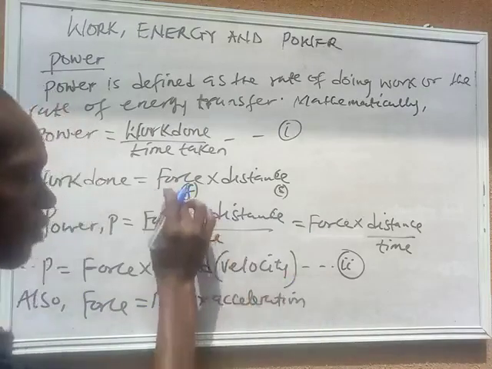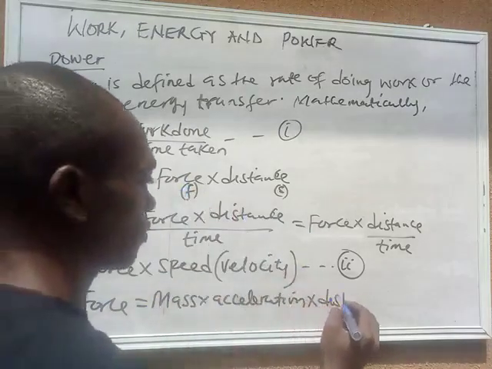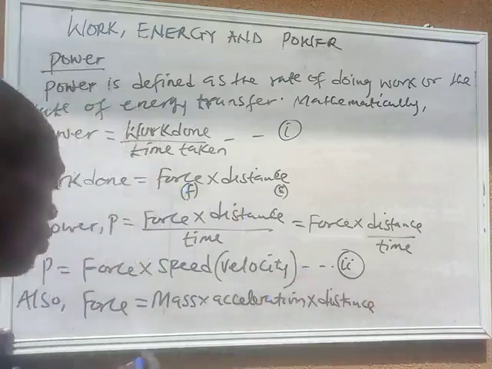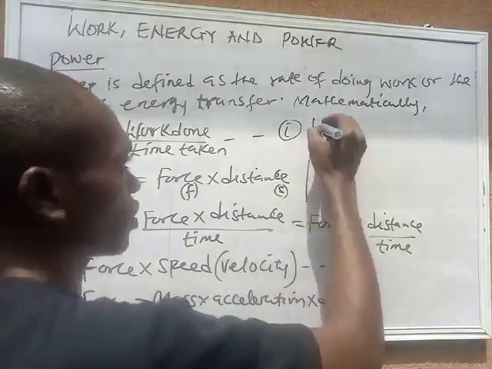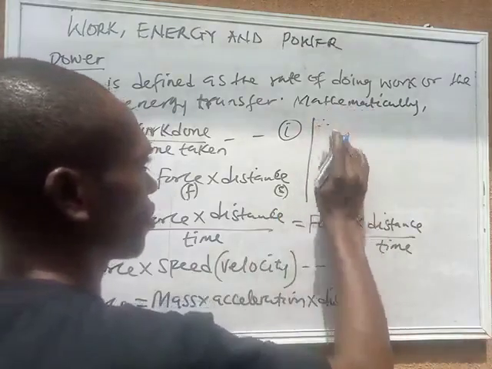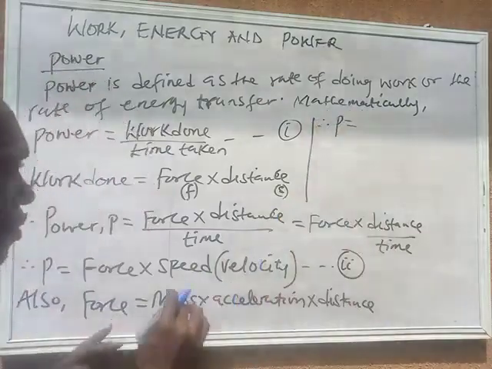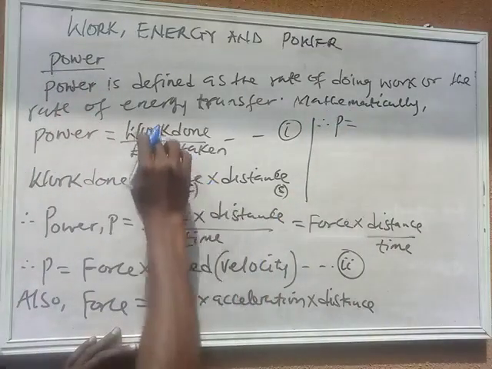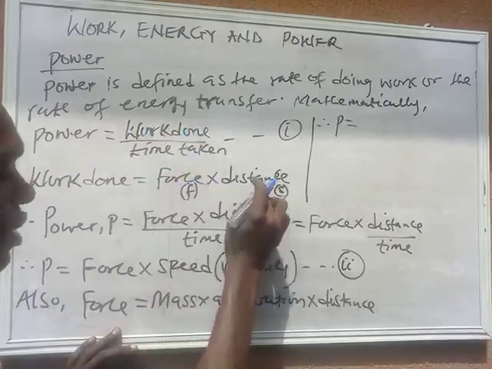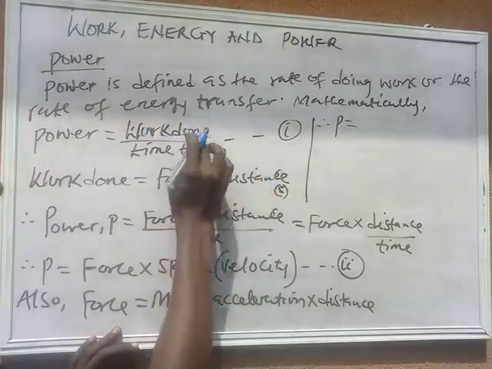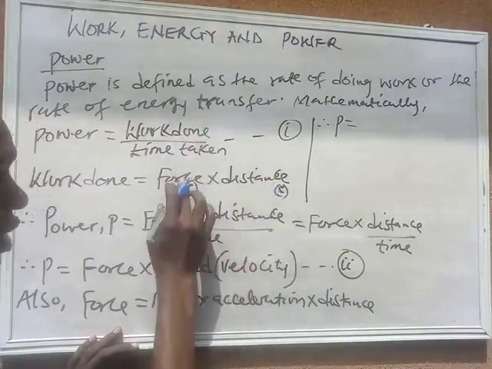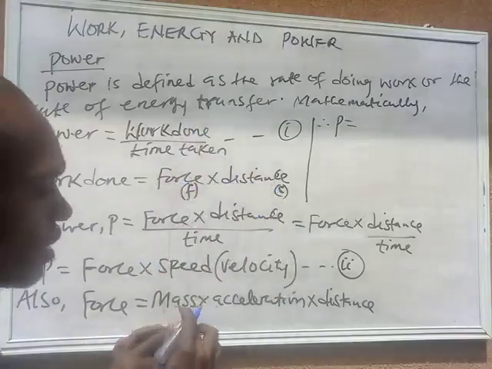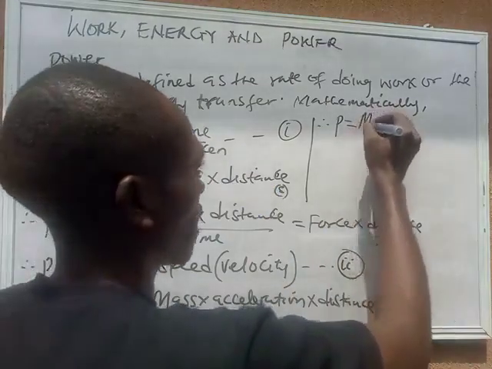So we can therefore say power is the same thing as, instead of writing work done, and work done represents force times distance, I'm going to write mass times acceleration times distance over time.